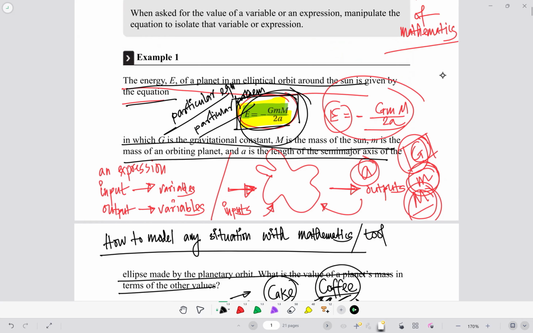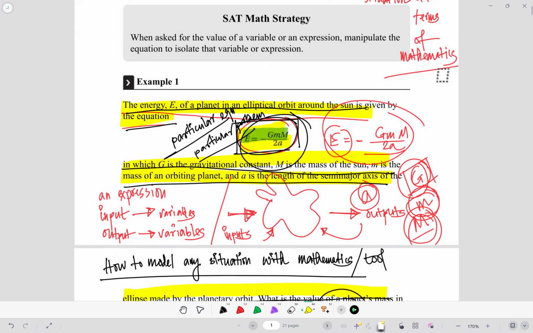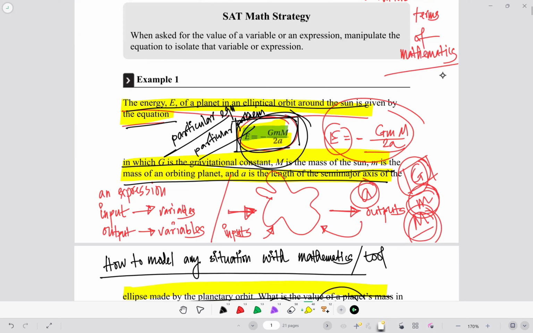But from these yellow highlighted sentences, we have built an equation. They have given it here in this case, but in some different problem we need to build such an equation, and then solve the problem.